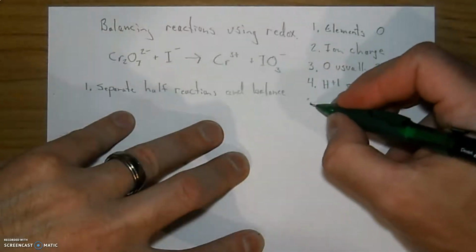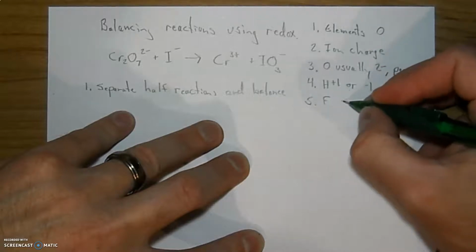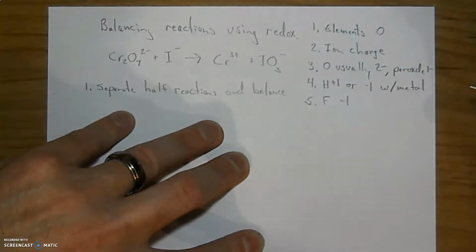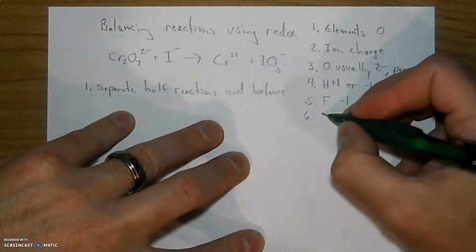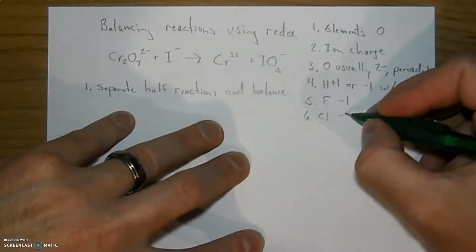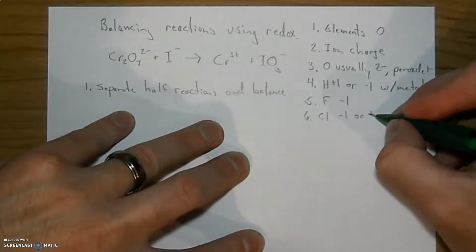5, something you can always count on. Fluorine is going to be 1- every single time. It's the most electronegative element. It pulls in electrons very well. 6, chlorine is typically going to be 1-, or it may be +1.